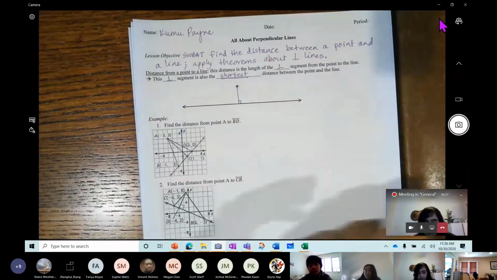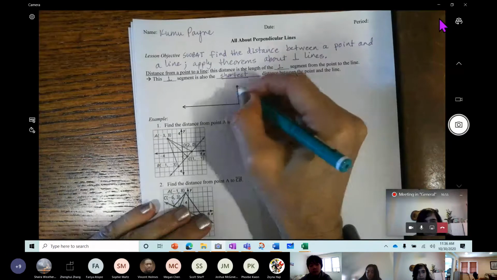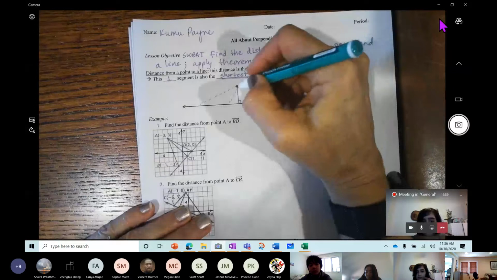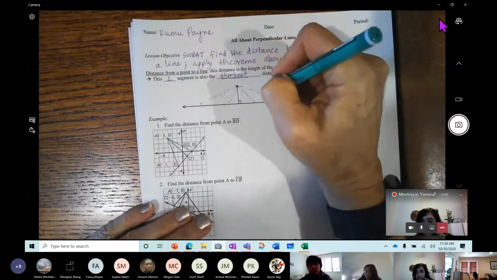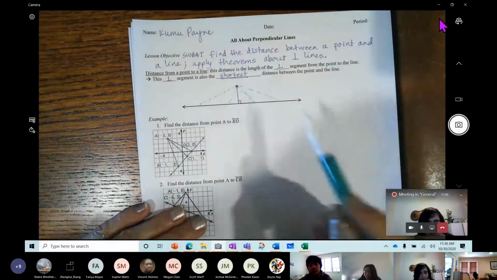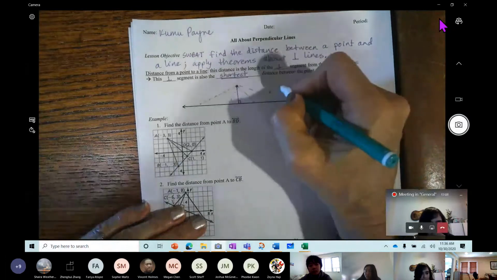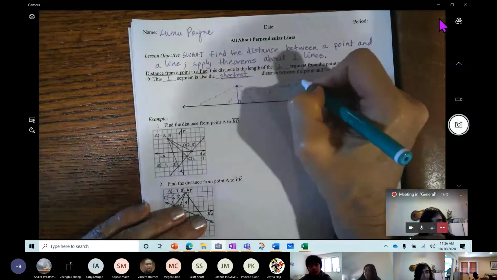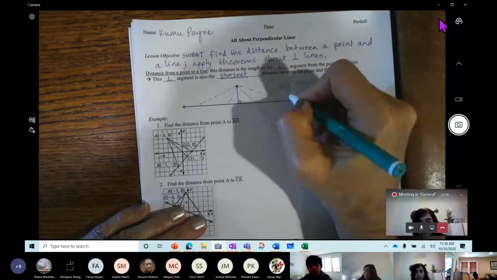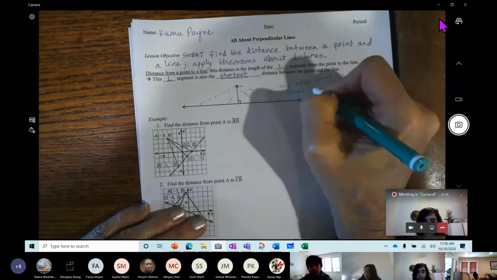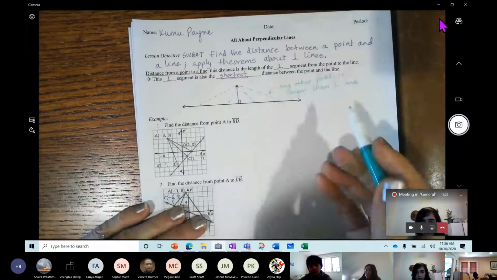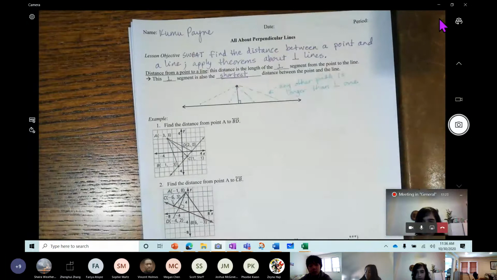And the reason they're going to be longer is that if you make a right triangle out of it, if you recall, the hypotenuse is always longer. So any other path is longer than the perpendicular one is. Hopefully you can see that.